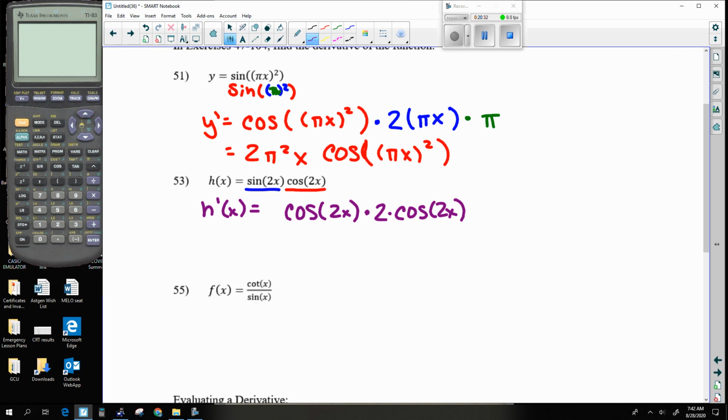All right, plus, leave the first piece alone, times the derivative of the second. So cosine goes to negative sine, so this is a multiplication of negative sine times the derivative of the inside.